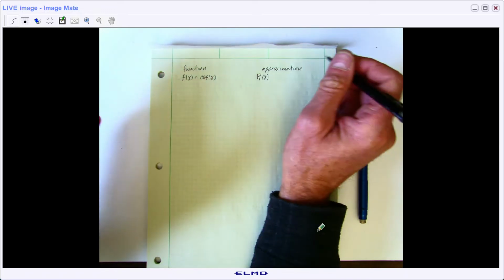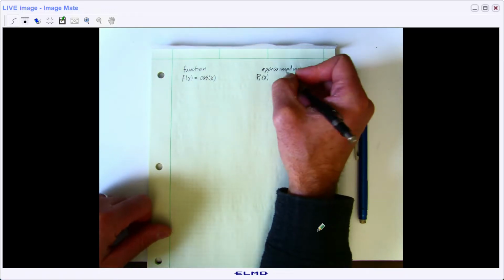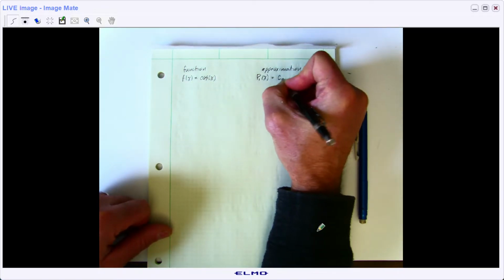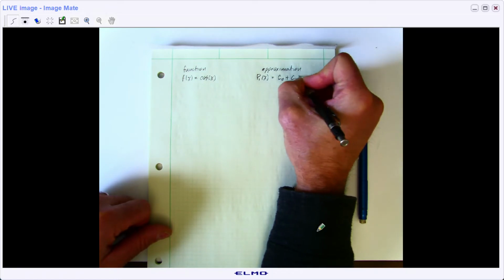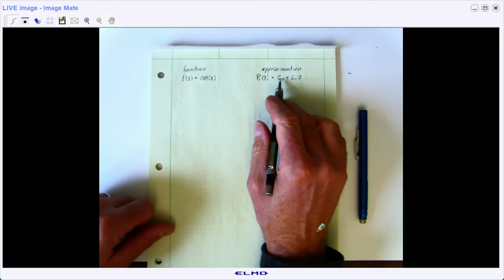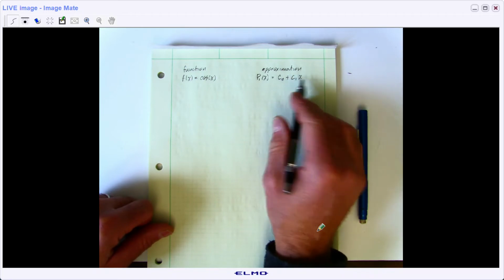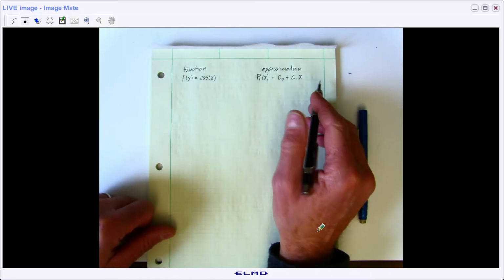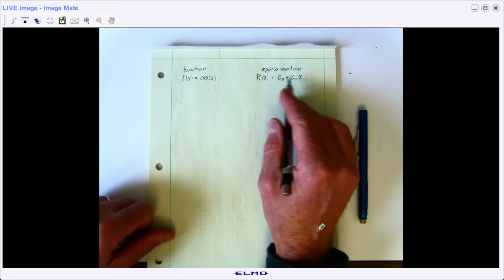And a linear function is an example of a polynomial. And if it's degree 1, it has the form c0 plus c1 times x. So the idea here is that this is your y-intercept and that's your slope. If you're used to y equals mx plus b, what you're looking at here is y equals b plus mx, right?